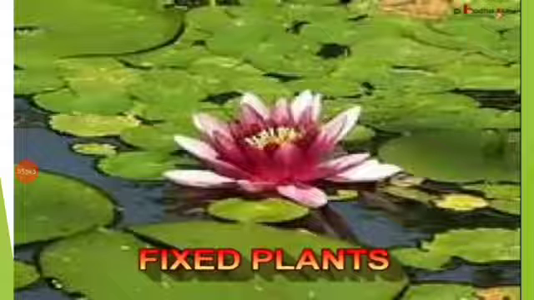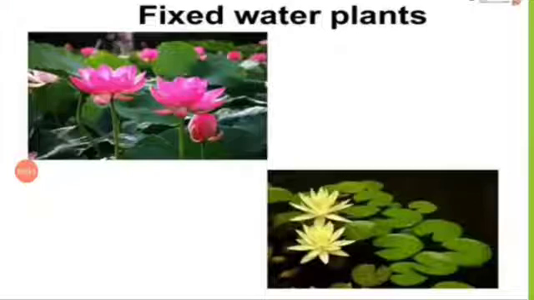First we discuss fixed plants. The roots of some plants like lotus and water lily are fixed in the mud at the bottom of the pond, lake or river. Big thin leaves float on the surface of the water.